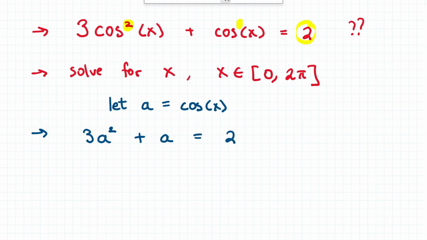Let's rearrange this to have 0 on the right hand side, because whenever you solve an equation, you should always set it to 0. So now we have 3a squared plus a minus 2 equals 0. And hey, this looks very quadratic in nature.